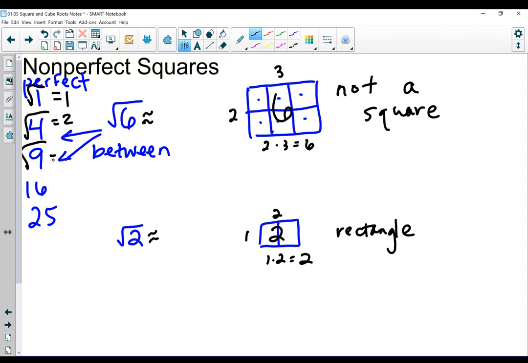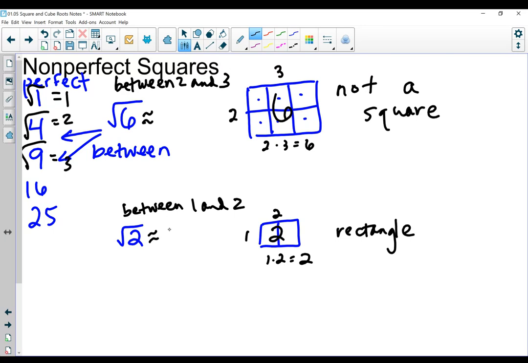Square root of 9 is 3. So when I'm looking at the square root of 6, since that's between 4 and 9, it's going to be between the square roots, 2 and 3. So I know that this is going to be between 2 and 3. And similarly, I can tell that the square root of 2 must be between 1 and 2. So I would like you to be able to do that. However, the rest of it you're going to do on a calculator.